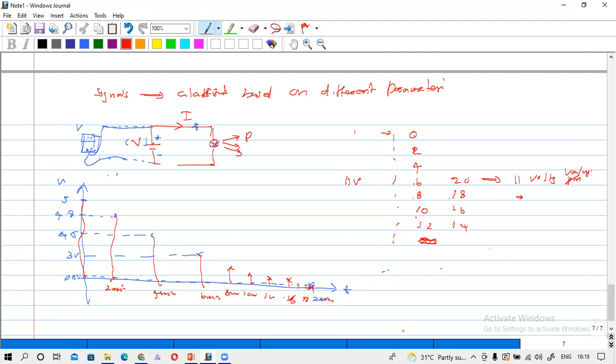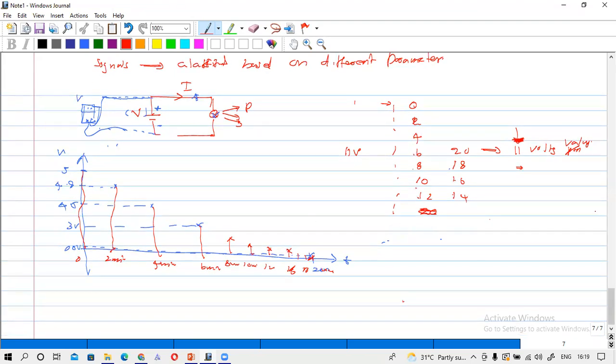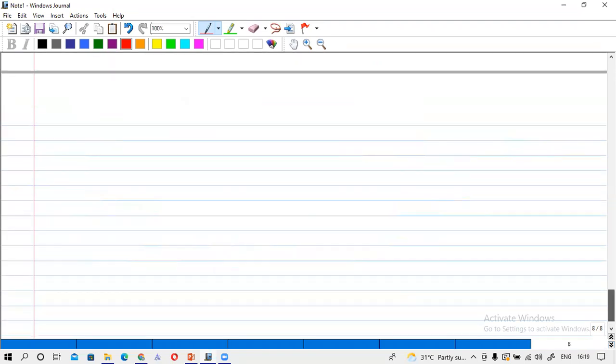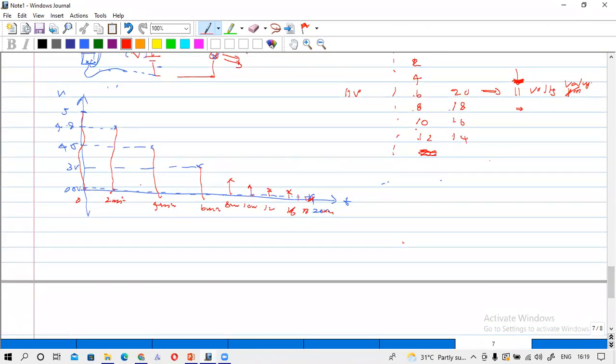From 0 to 20 minutes, I have 11 voltage values. Only 11 values I have got. So this type of signal we call a discrete time signal.